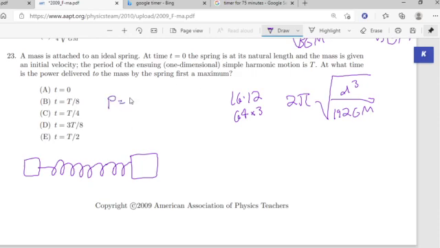Power is force times velocity, and we know force is k delta x. And velocity is, well, we know that x is this.